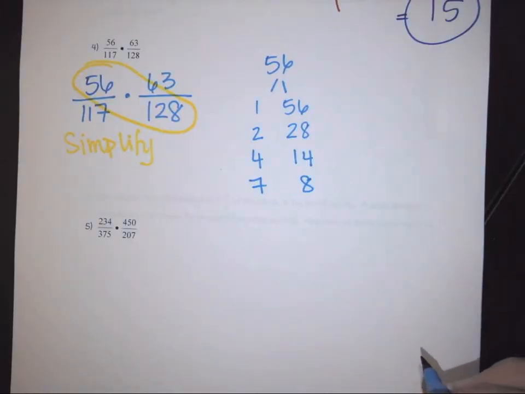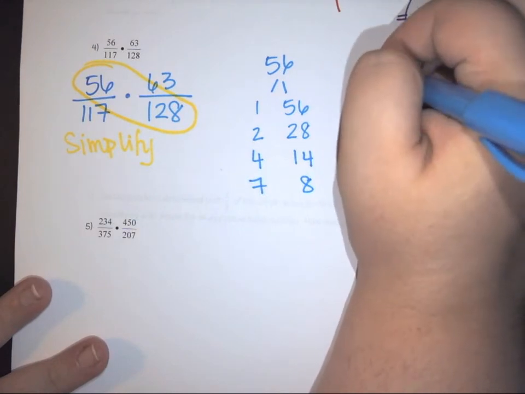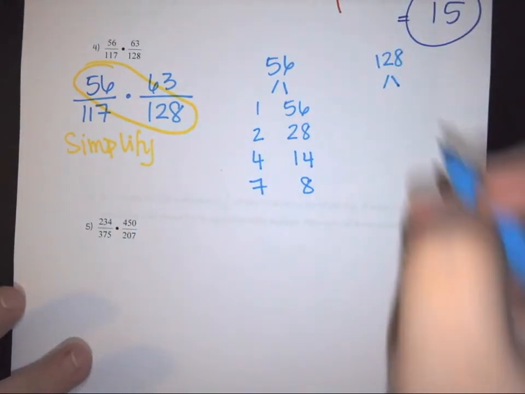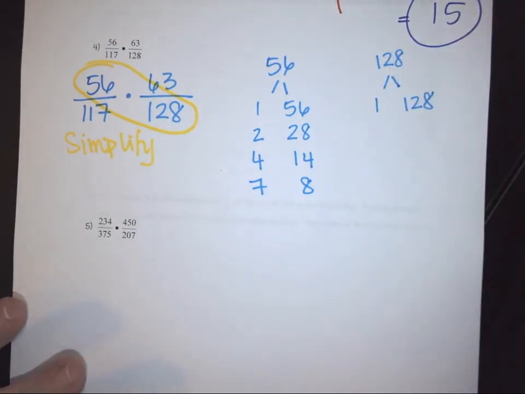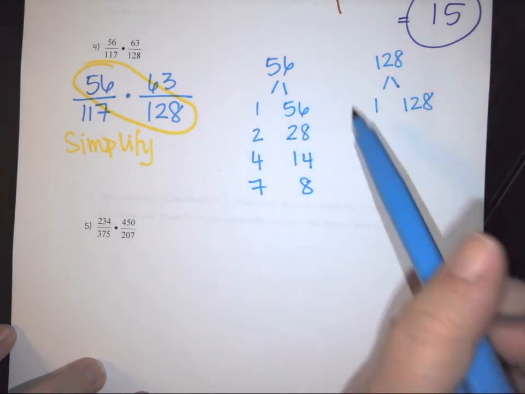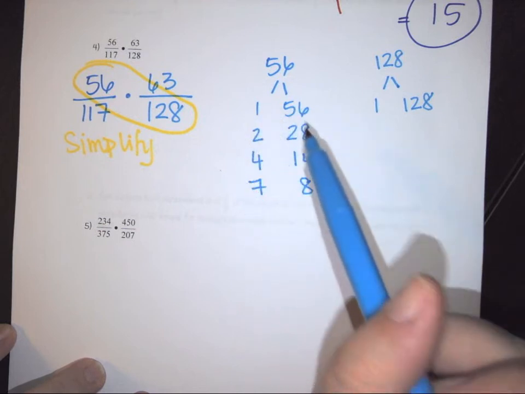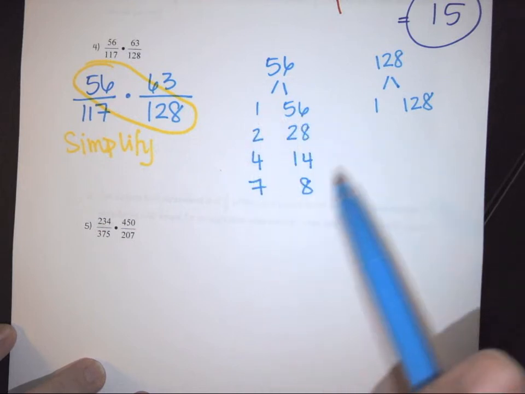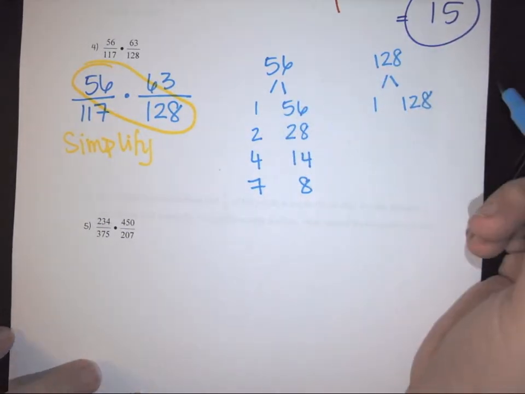Okay. Now 128 is going to be a little bit bigger. So I know I can start out with 1 and 128. And I want to go ahead and speed things up a little bit. So if you notice, 56 only has these select few factors. So I'm going to just simply use these numbers and see if any of these pull out of 128 evenly. So I already tested 1. Now I'm going to test 2.